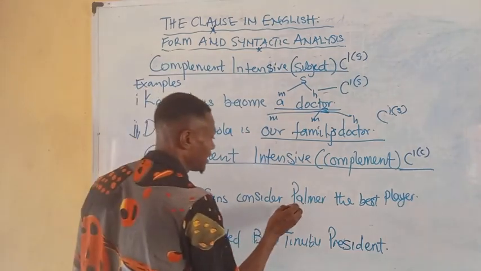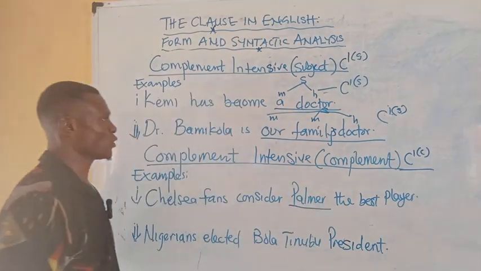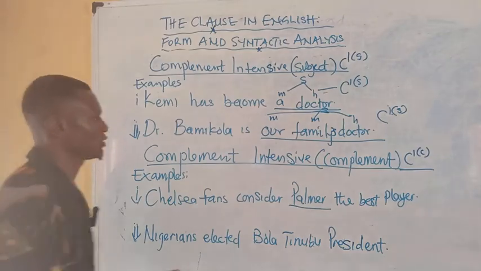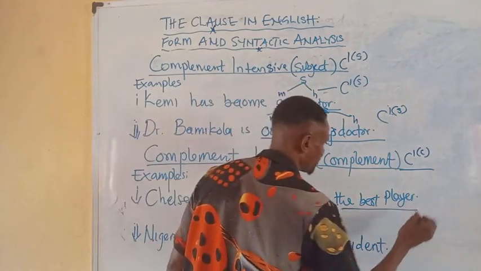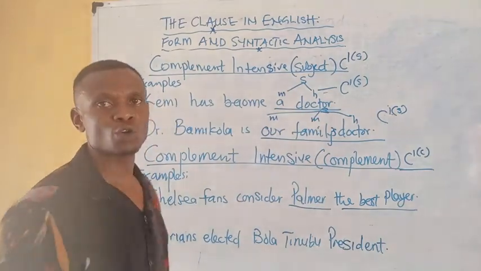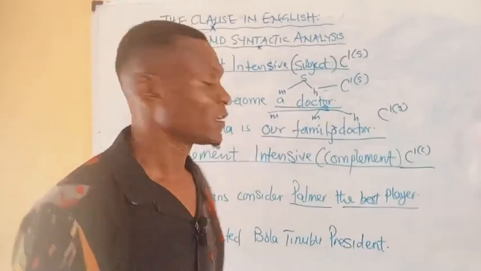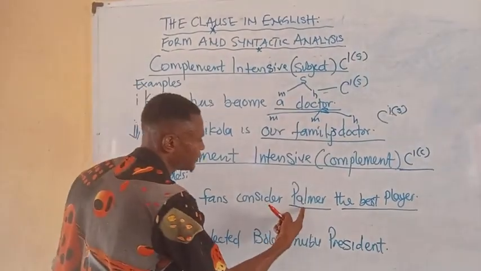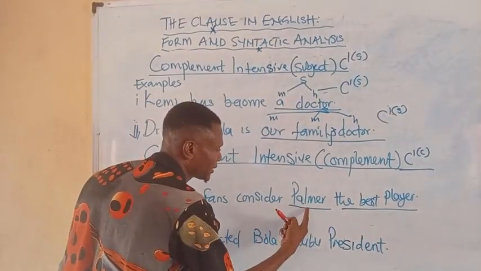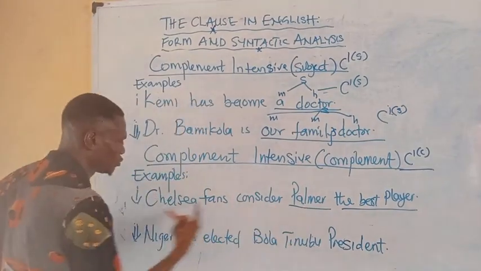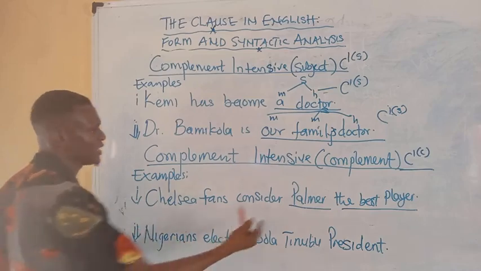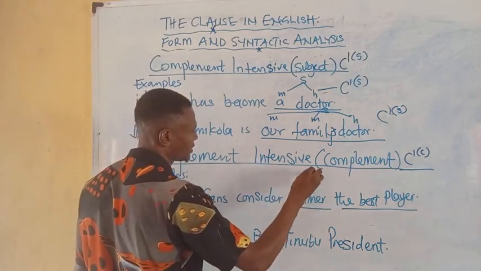If you look at it here, we have a complement here, and we also have a complement here. So we have two complements in this sentence. Let's do the analysis. The first complement here is Palmer. Does Palmer have to do with Chelsea? No. So here it should be complement extensive.